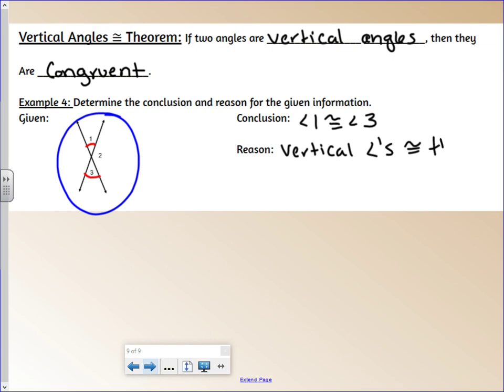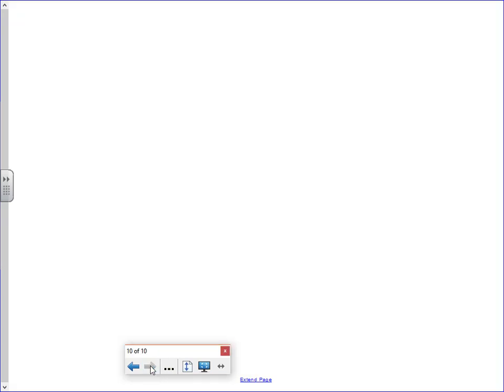All right, our last page are some supplementary theorems that apparently I don't have on here. So I will be writing it. All right, so if 2 angles are supplementary, so that's the word you're filling in.